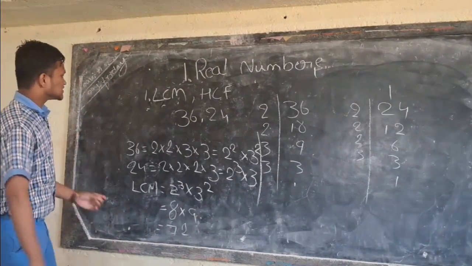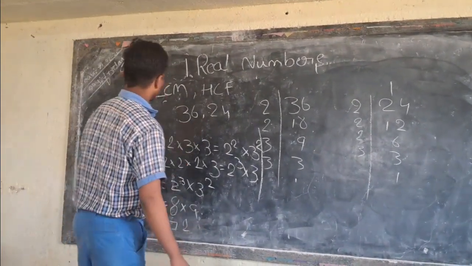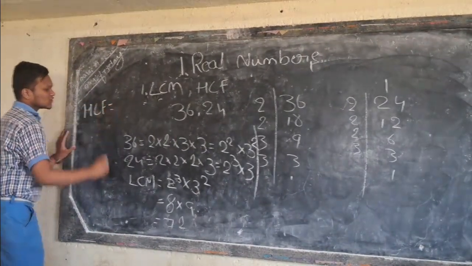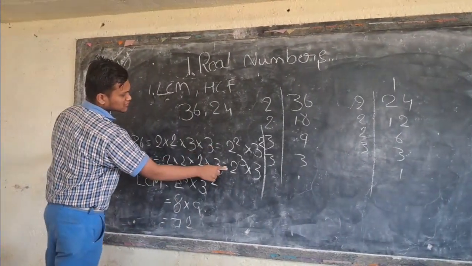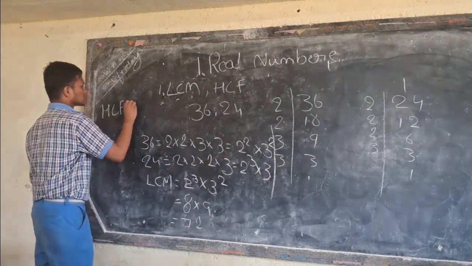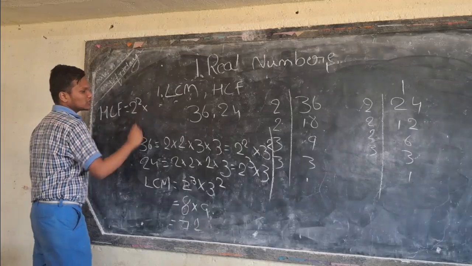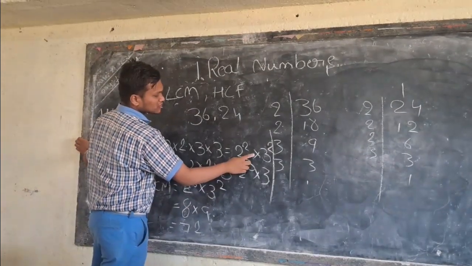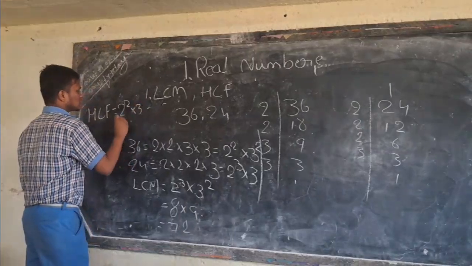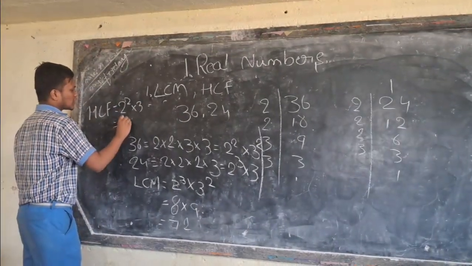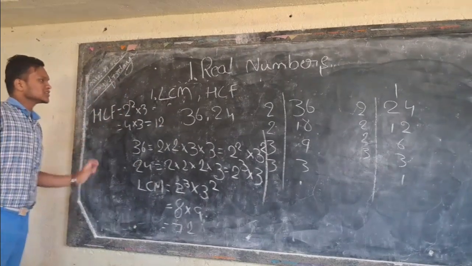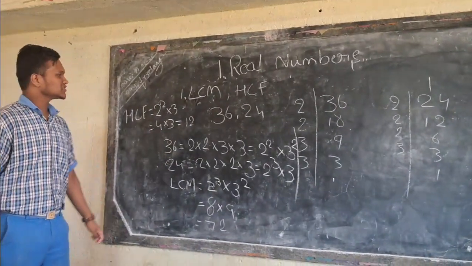So this is the LCM of 36 and 24. Now HCF. Here 2 is common. Which has the smallest power? 2. 2 square into, and here 3 is common. Which has the smallest power? Down. So 3. 2 square is 4, into 3, 4 threes are 12. This is a 2 marks question which is asked in your board examinations.